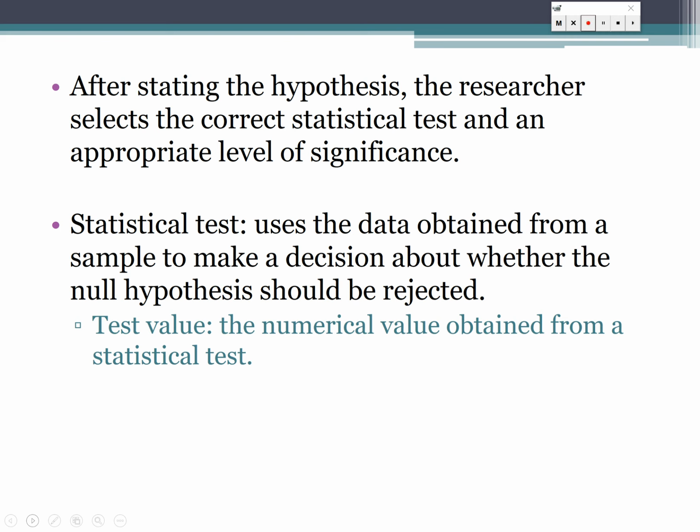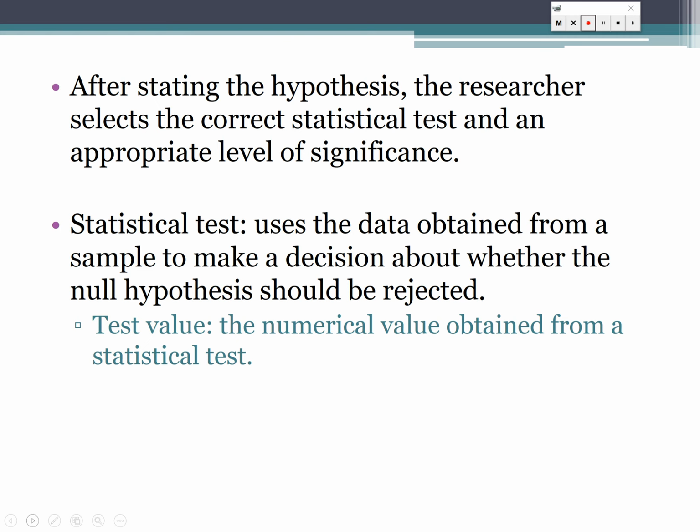Did we have to use Z or did we have to use T? What type of test did we have to run? It's going to be very similar with our hypothesis testing. Are we evaluating it for the mean, for proportion, for variance? What are we looking at? And then once you have your test selected, you have to find your appropriate significance level. So that's how we're going to finish up today, looking at those couple things.